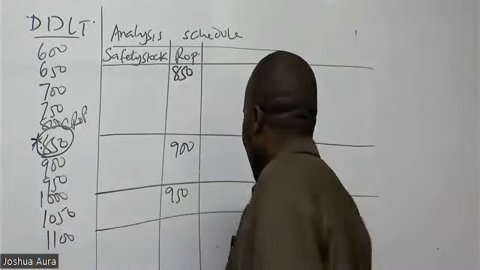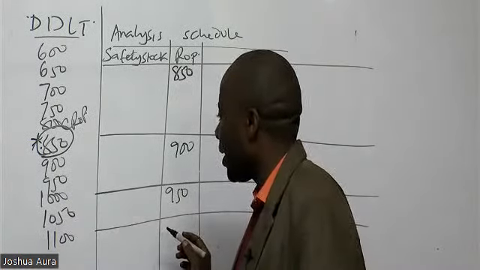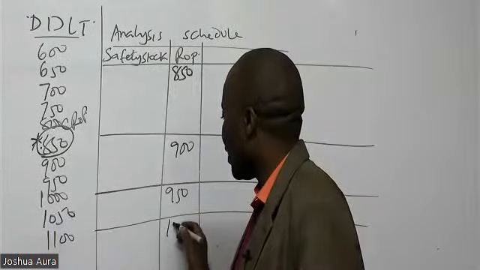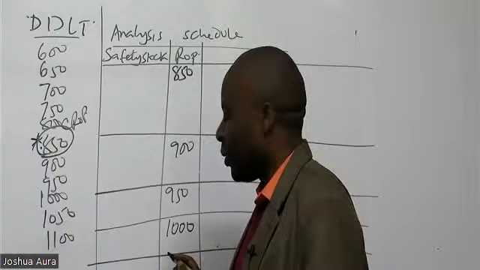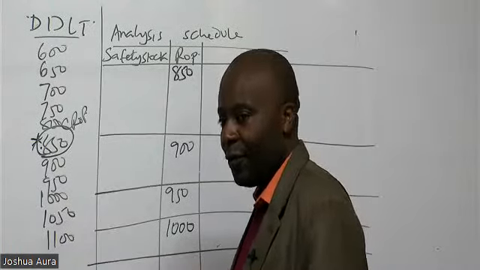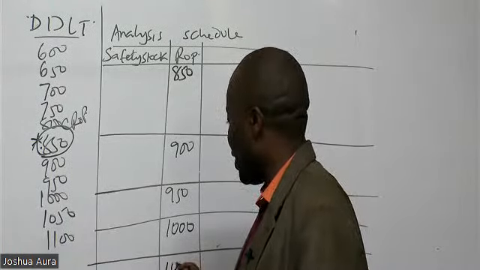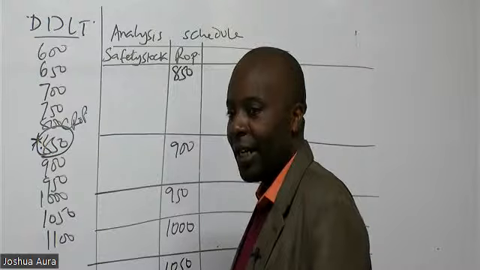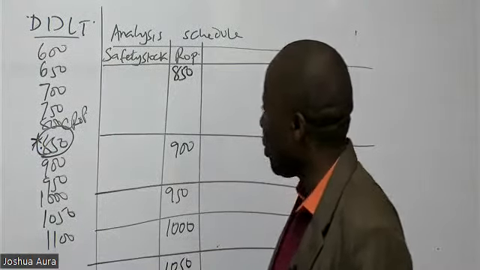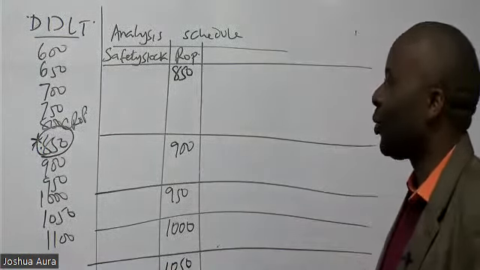Then we have 1,000, then 1050, and lastly we have 1,100. I'll know what to do when I reach there.